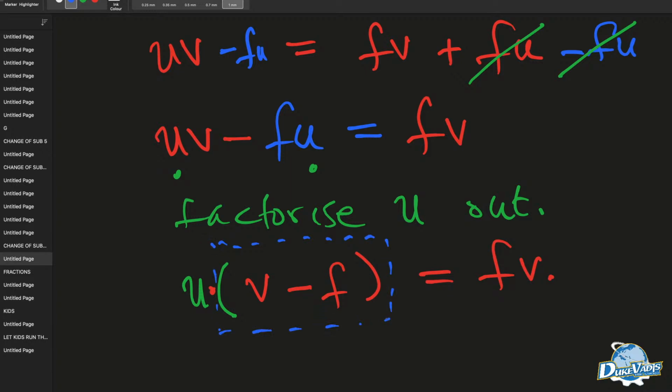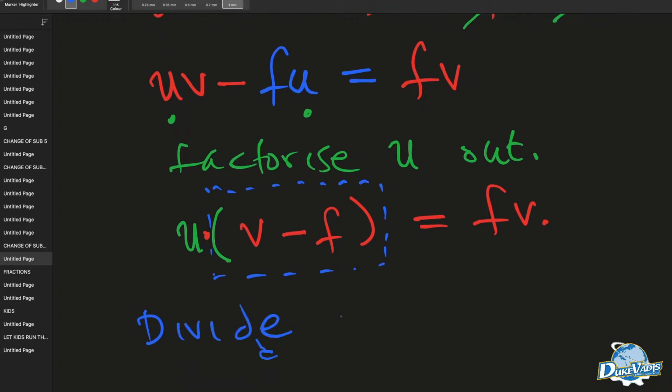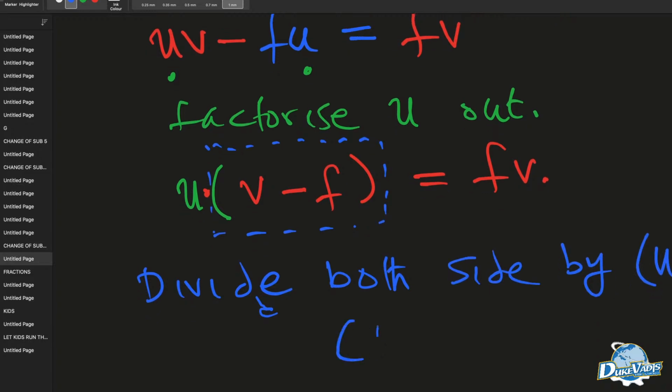The inverse of multiplication is division, so I will divide both sides by V minus F, sorry, U minus F... I mean V minus F.